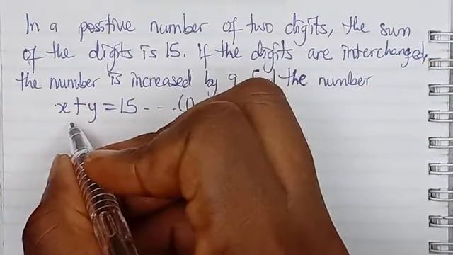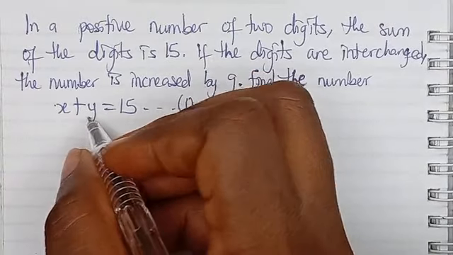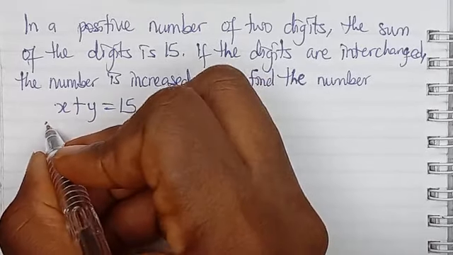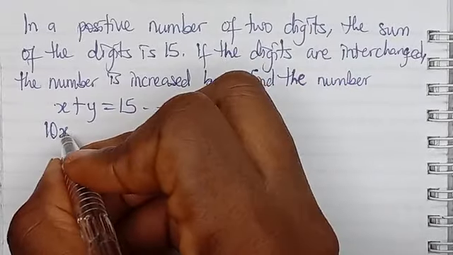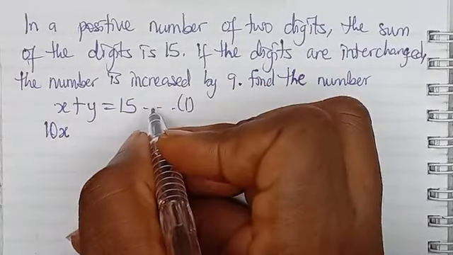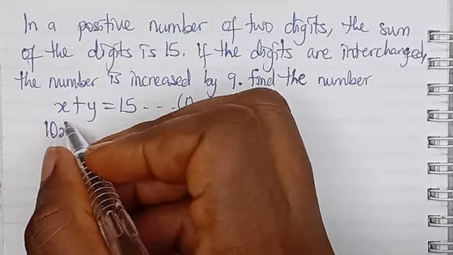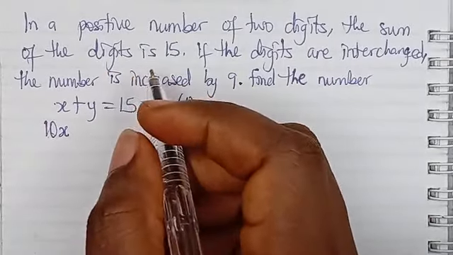If the digits are x and y, this is the one on the tens side. Any two-digit number has tens and units, right? So the one on the tens side, we are going to say 10x, because whatever digit it is from 1 to 9, it is on the tens side, so it has to be multiplied by 10. Just like using 25, for example, that 2 there is not just 2, it is 2 times 10.